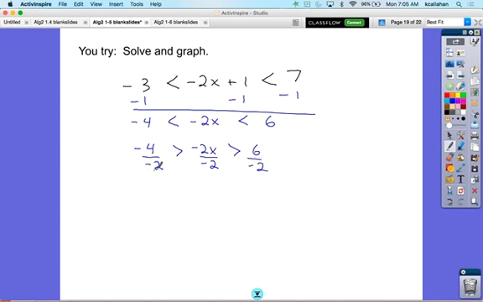Okay, -4 over -2 is +2. The -2's cancel. And 6 over -2 is -3. All right. Now, you could use a symmetric property and rewrite that as -3 is less than x is less than 2, if you need to.